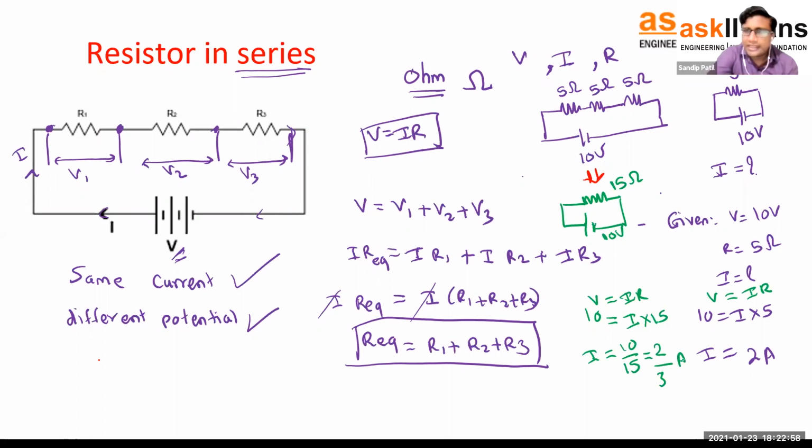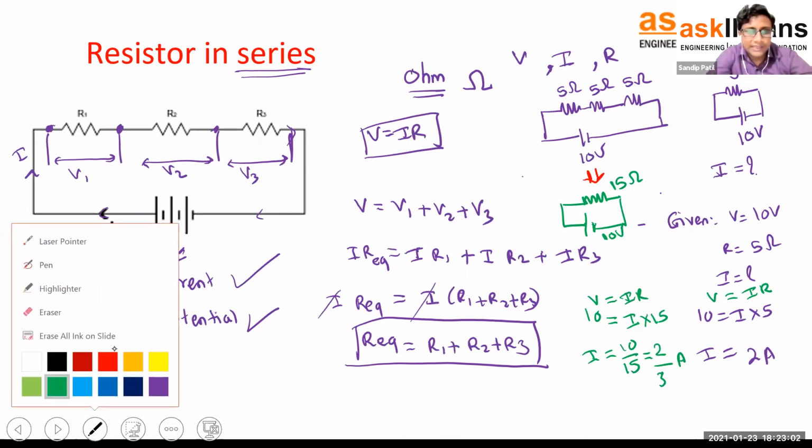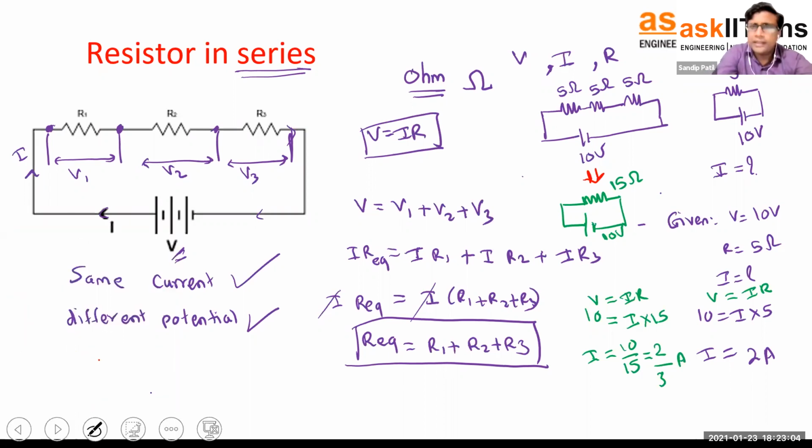It is not necessary that this should have the same values of resistances, that is 5, 5, 5 ohm, right? Let's take another example. It's also not necessary that it should have three resistances. It could have only 2 or 4 or 10 or 100, doesn't matter, right? Whatever resistances are connected in series, let's say 2 and 6, two resistances are there, and a 10-volt battery is there.